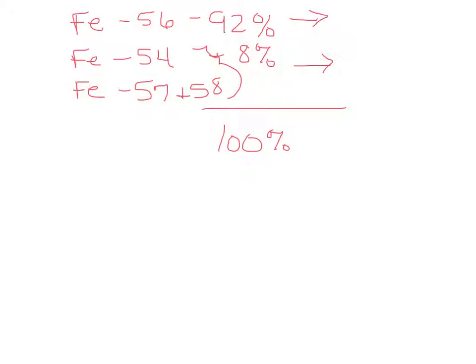And then you have one that exists as iron 56. And it looks like that's it. So we add up the percentages and the mass of each one of those isotopes, and you would get the average atomic mass of iron, which is 55.87.